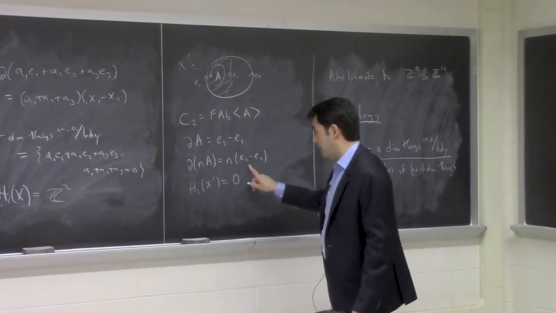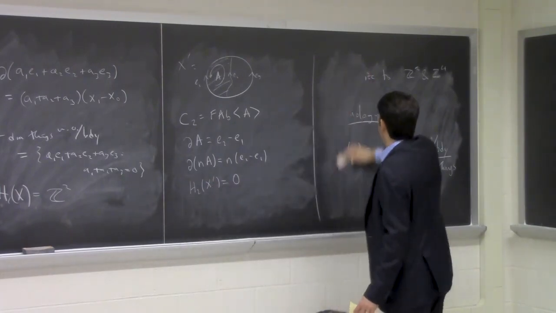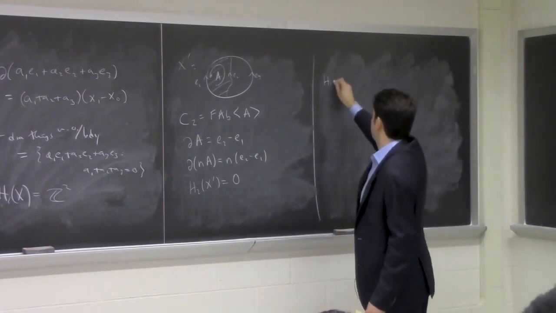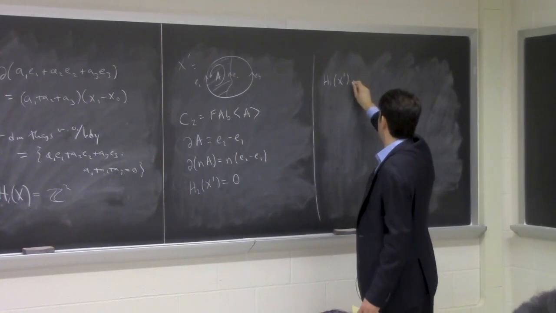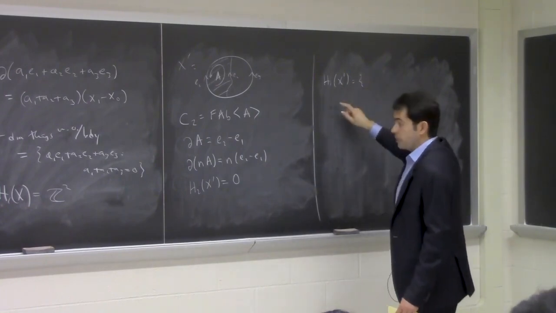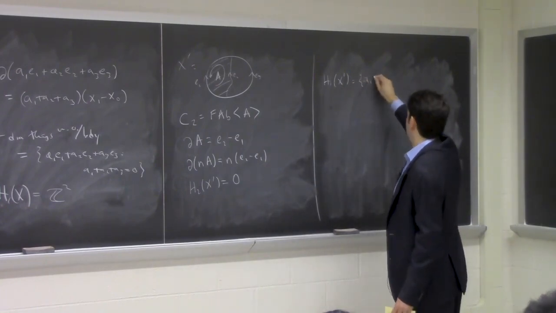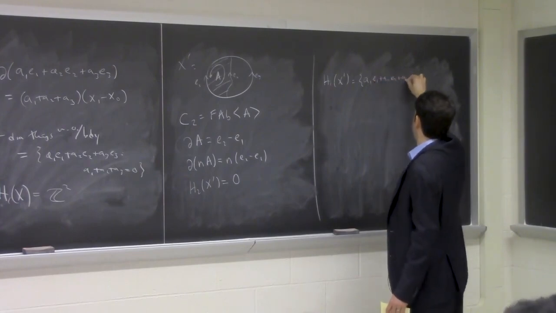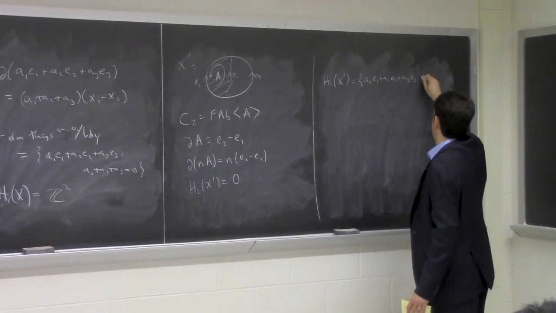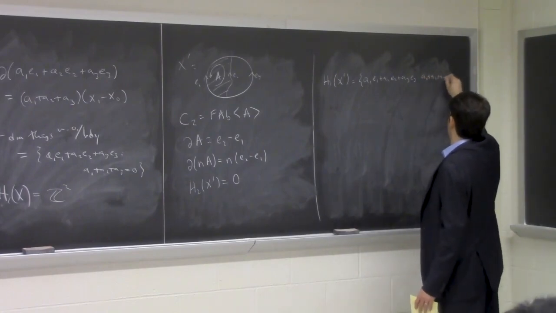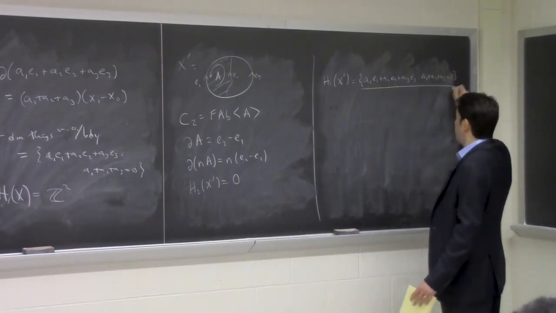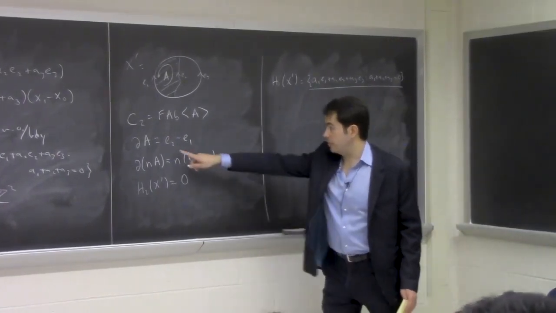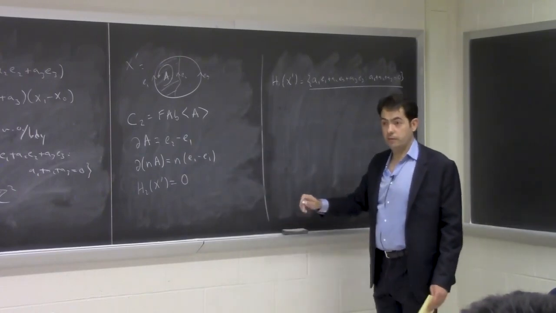On the other hand, H1 would change. So the one-dimensional things without boundary, that's still going to be A1 E1 plus A2 E2 plus A3 E3. But now, if I mod out by the boundaries of two-dimensional things, I have to mod out by this E2 minus E1. Right?